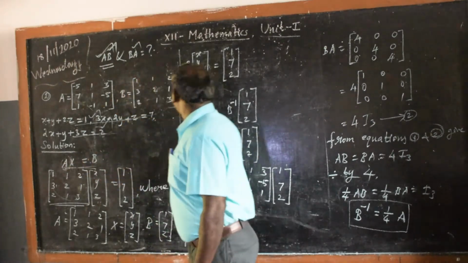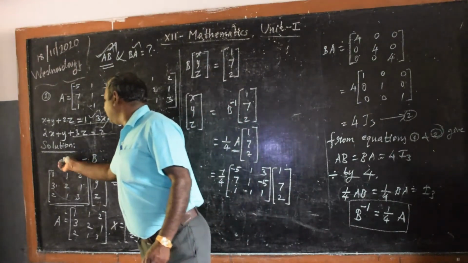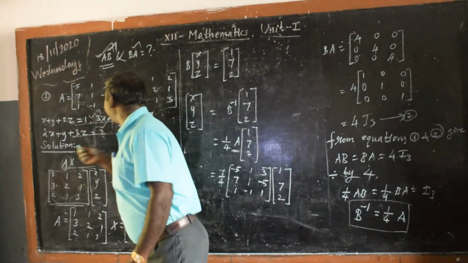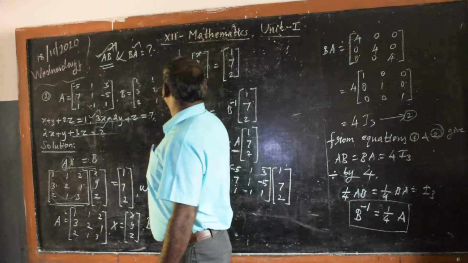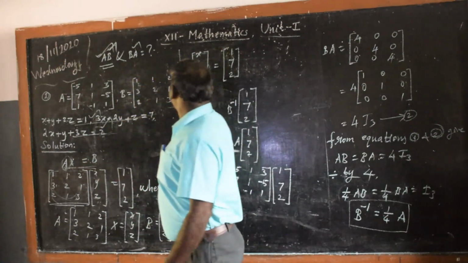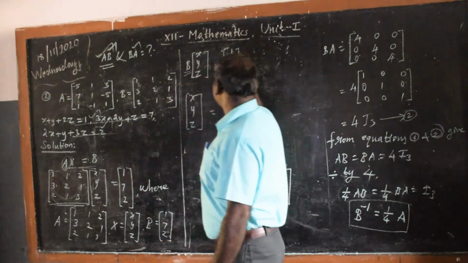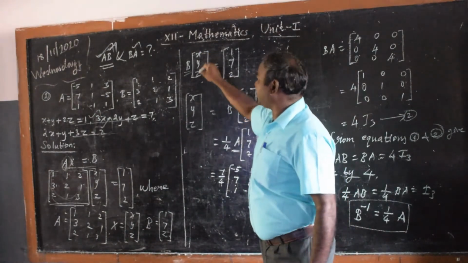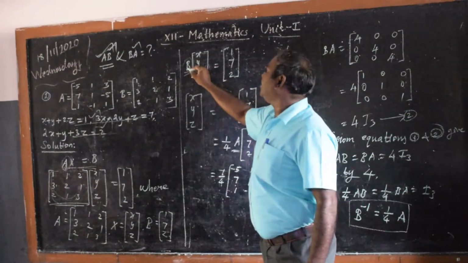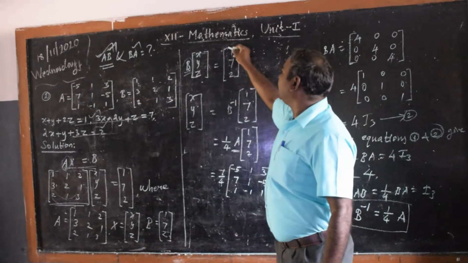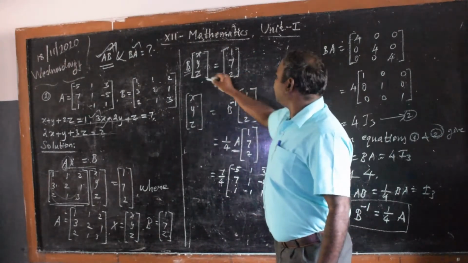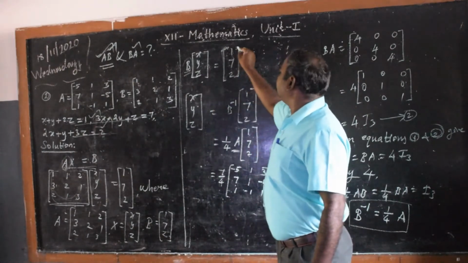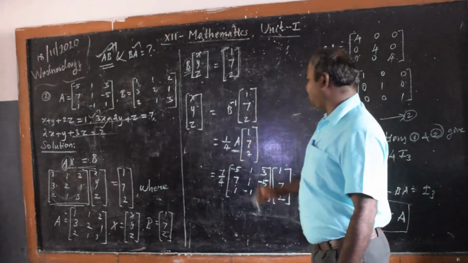So this matrix is B into x, y, z equal to this constant matrix. To find x, y, z, take the right-hand side: x, y, z equal to B inverse into the column matrix 1, 7, 2.